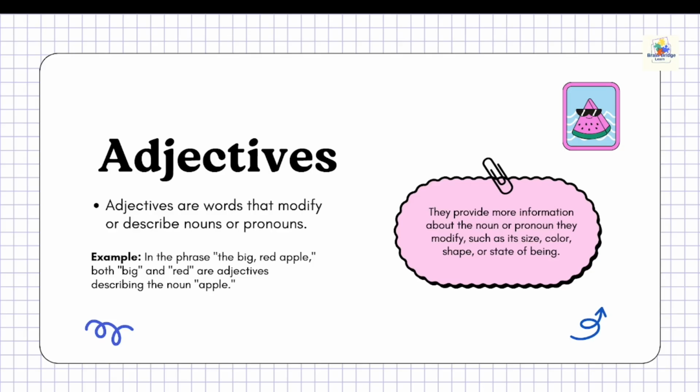What are adjectives? Adjectives are words that modify or describe nouns or pronouns. So here it is saying that adjectives are the words that help or describe a noun or a pronoun. You already know what a noun or a pronoun is. If you don't, then I am telling you. A noun is the name of a person, place, animal or thing, and pronouns are the words that are used in place of a noun.